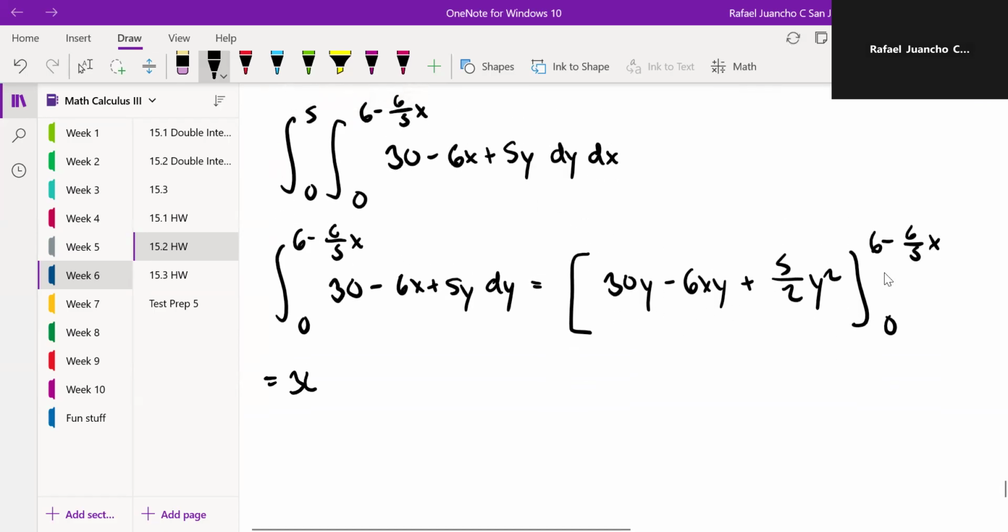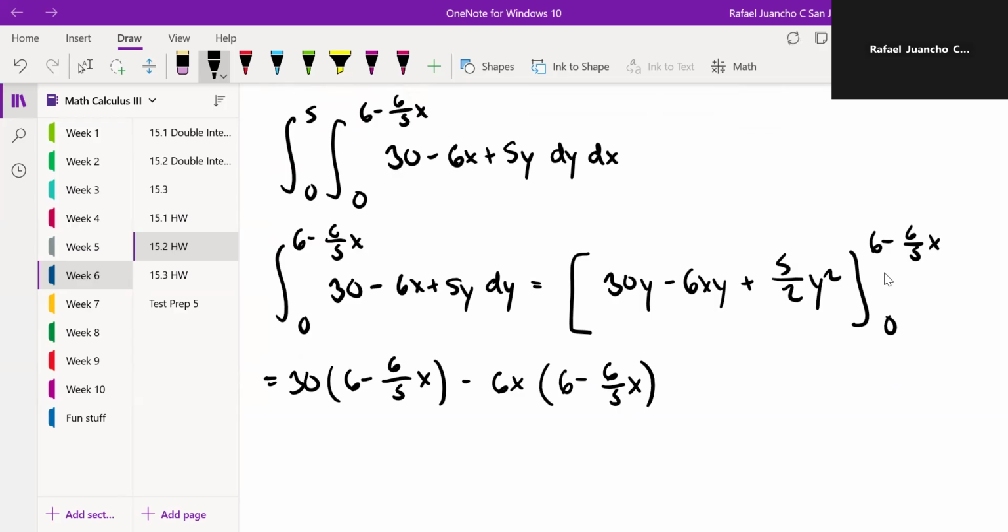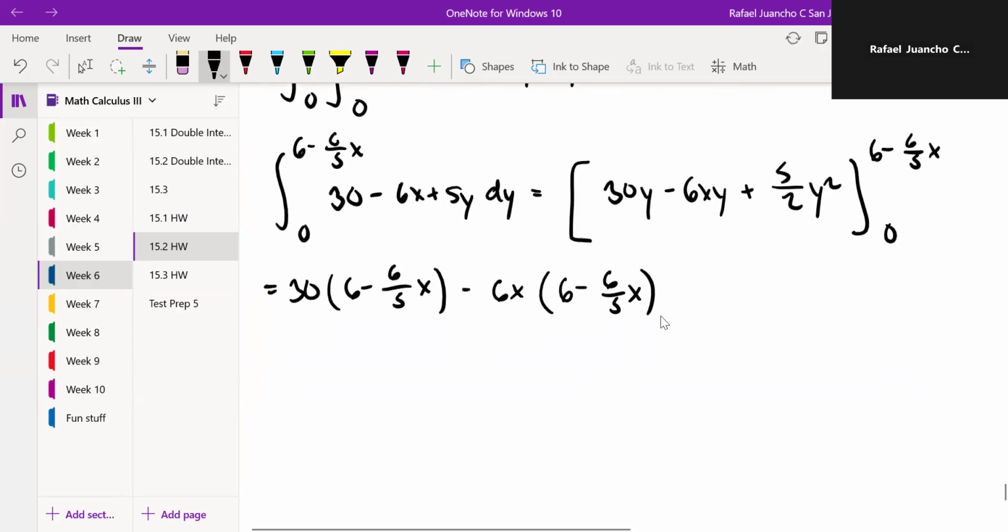Instead, I'm going to plug in my upper bound, 6x of this. And you can see how at every step that we did, everything is in terms of x after we integrate, right? Then this thing is squared.